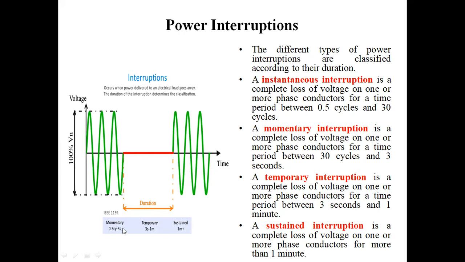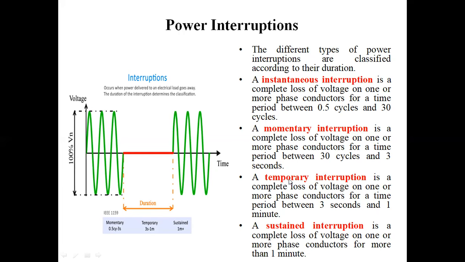Don't consider 0.5 cycles here, that was wrong. Momentary interruption time duration is 30 cycles to 3 seconds. The first one is 0.5 cycles to 30 cycles. Next, 30 cycles to 3 seconds is the momentary interruption.